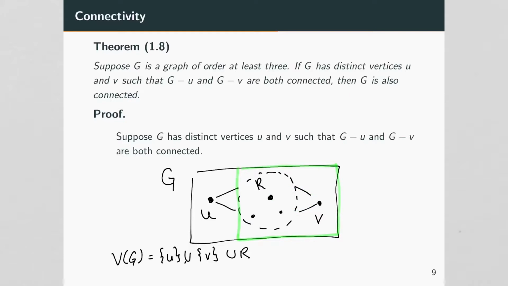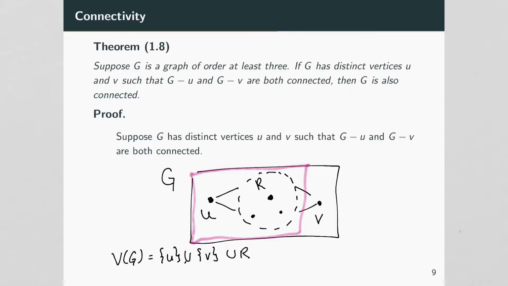Everything inside the green box is connected. Now we could do the same thing and look at G minus V. And G minus V is connected, so everything in that pink box is connected.